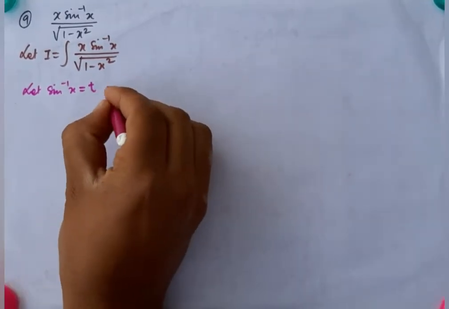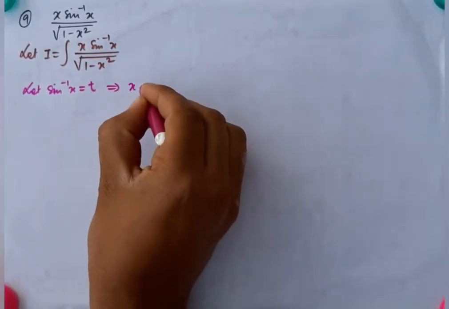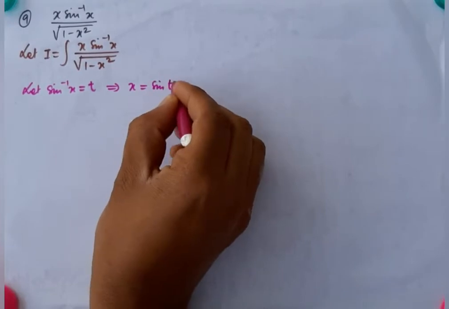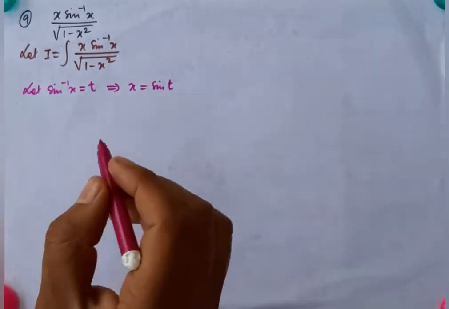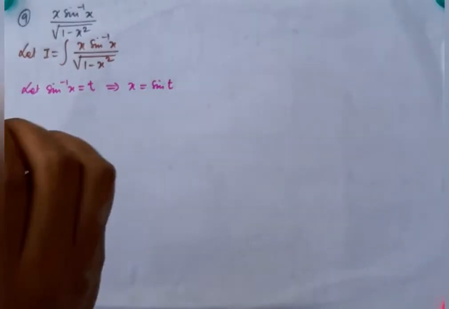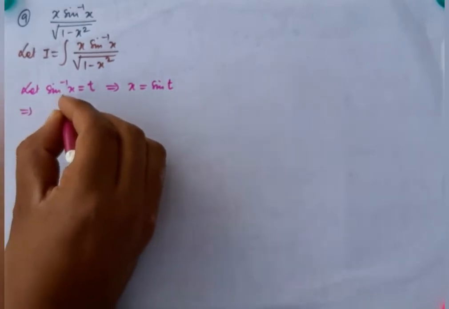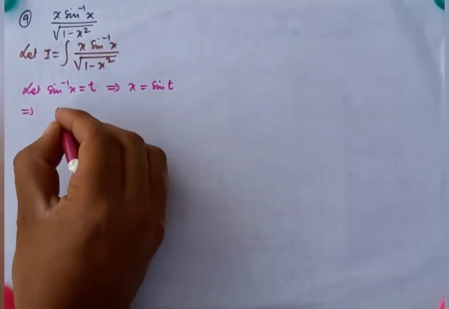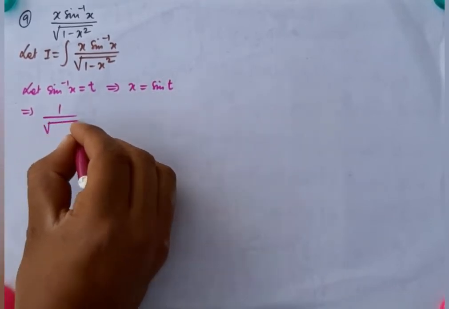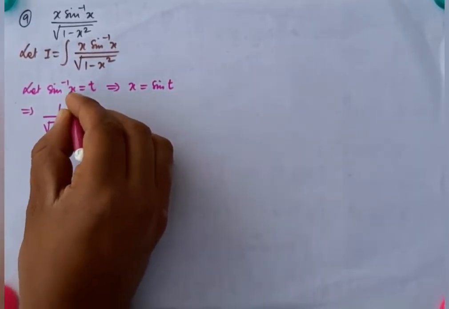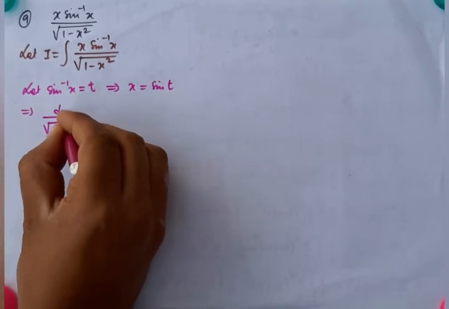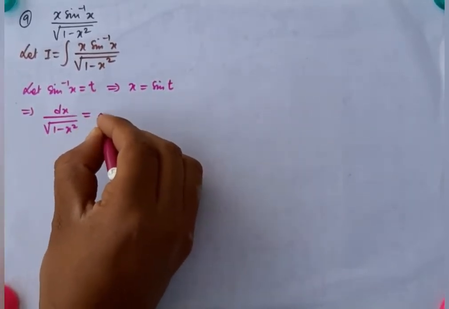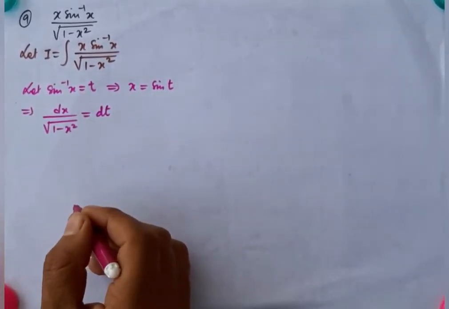If that is so, then from here we see that x is equal to sine t, isn't it? See here carefully, when you differentiate this, the differentiation of sine inverse x is just 1 by square root of 1 minus x square, and the differentiation of x will be dx. So this turns out to be dt.